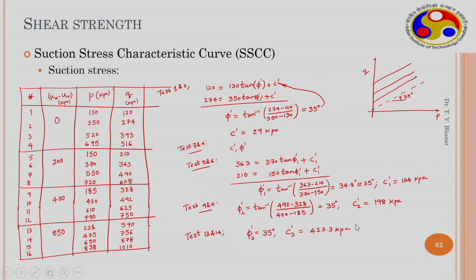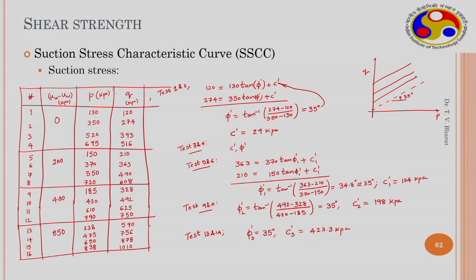Now, knowing the intercepts for different matrix suction values for the data under controlled matrix suction values, now we can obtain the suction stress, the suction stress values sigma s.